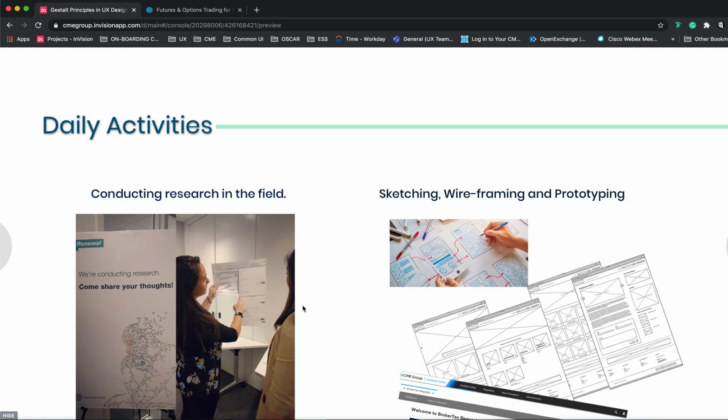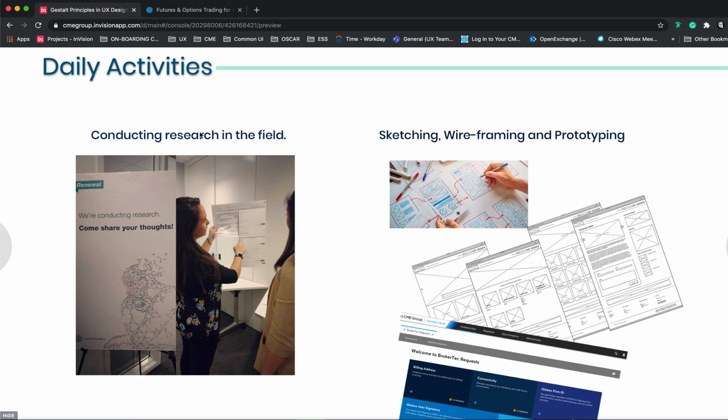Some of my daily activities include conducting research in the field. Obviously due to COVID, this hasn't happened in a long time, which I'm very sad about because it's my favorite part of my role. I think empathizing with the users and understanding their psychological and emotional needs and what is meaningful to them is super important.